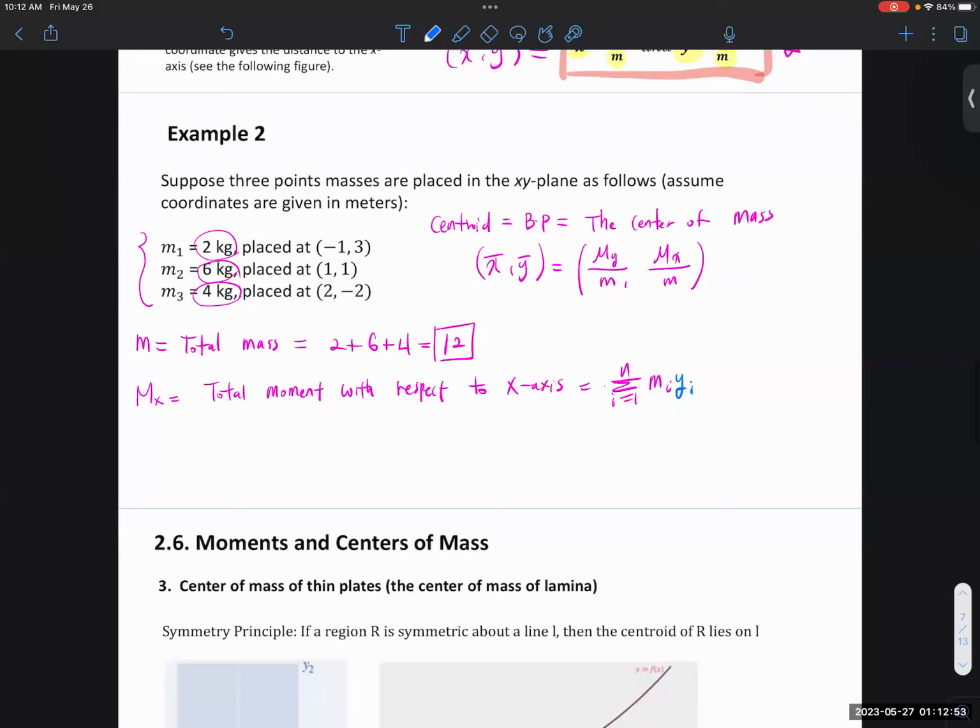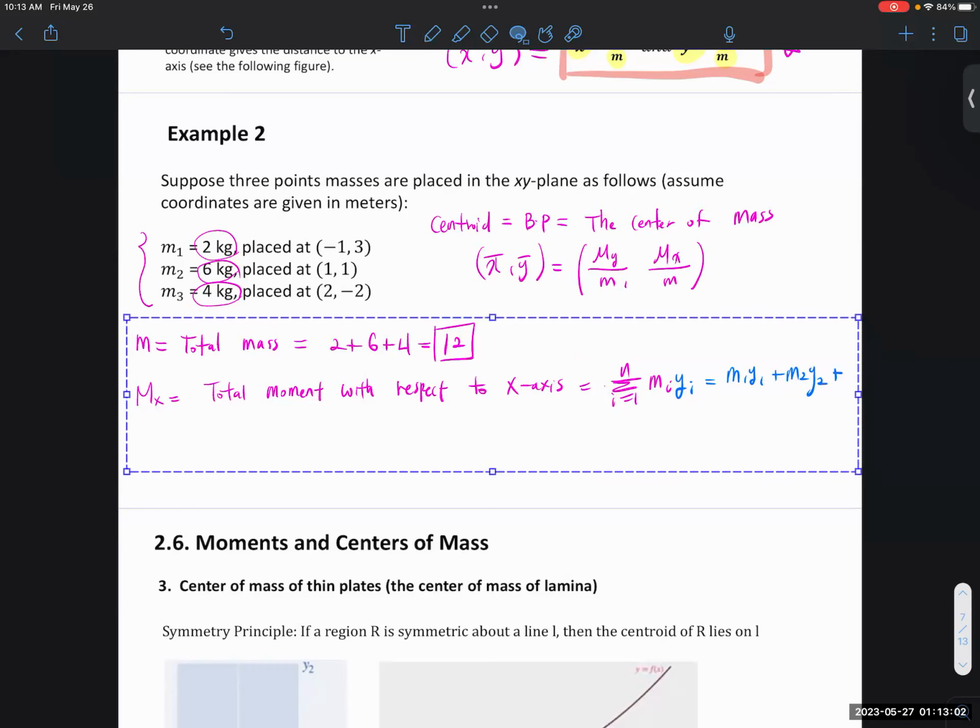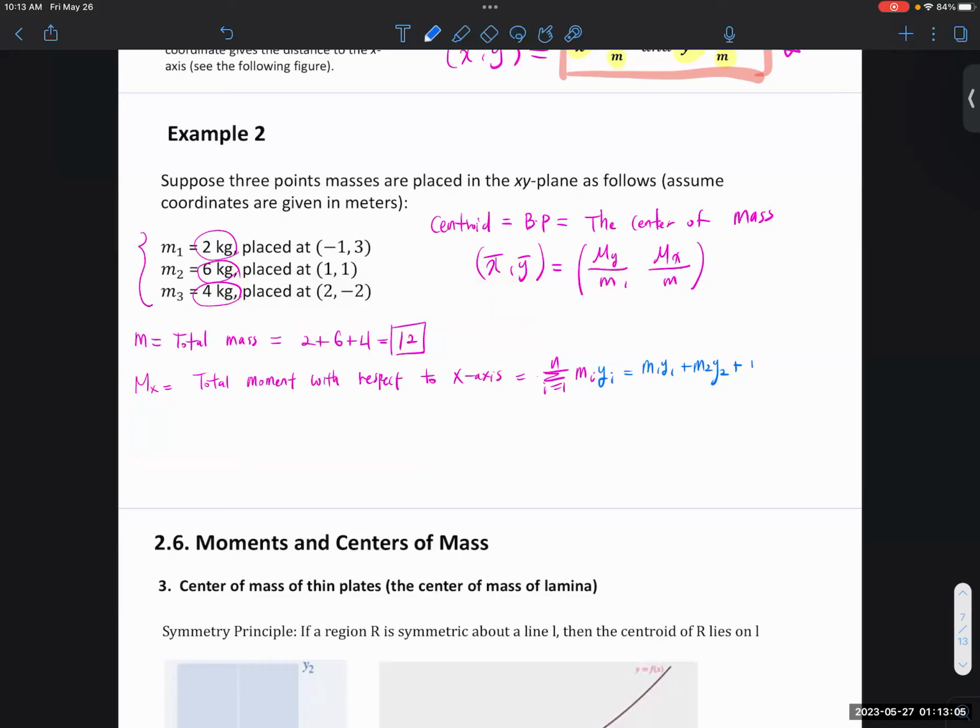So that means m1 y1, m2 y2, and then m3 y3. If you calculate it, what are you going to get? That means 2 times 3, 6 times 1, 4 times -2. If you calculate it, 4 is the total moment with respect to x.